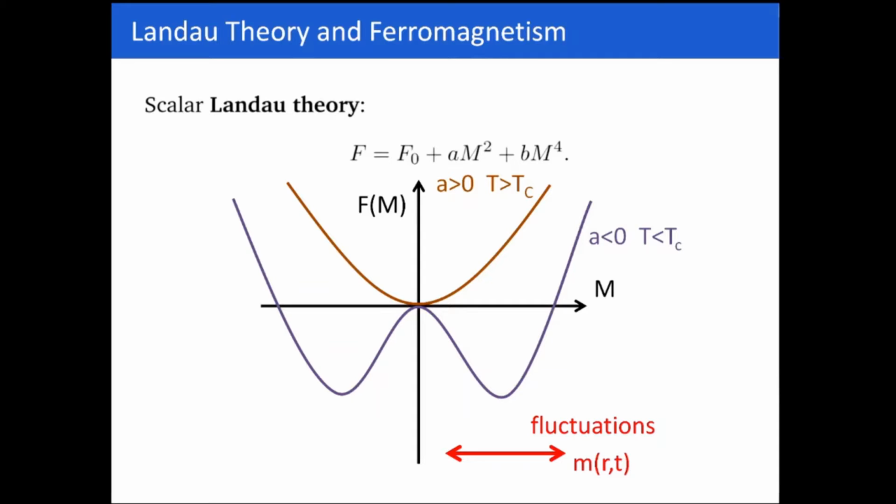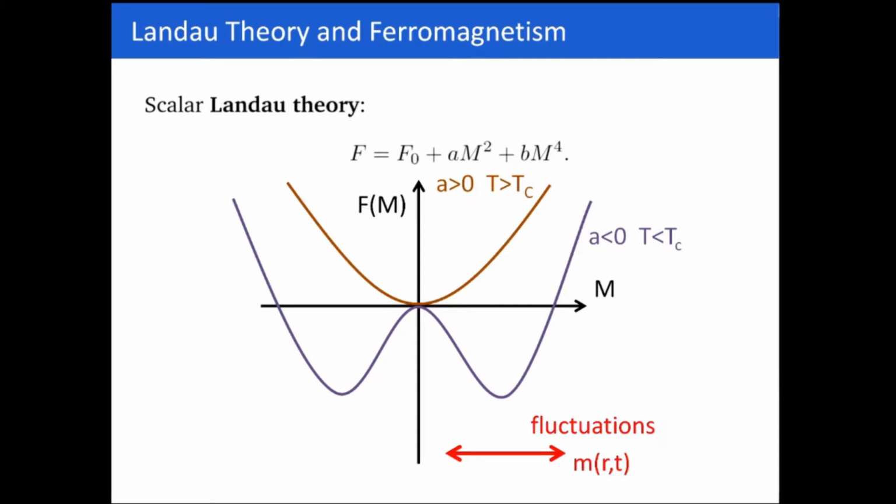Landau theory is a general theory which allows you to express the energy, the Landau free energy of a system in terms of a power series in its order parameter.